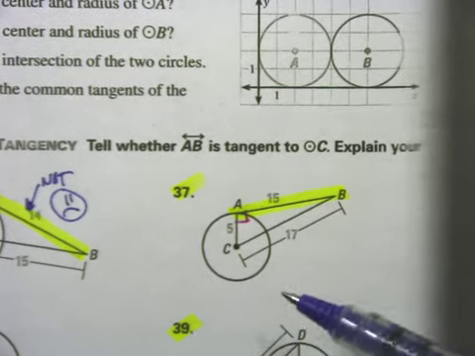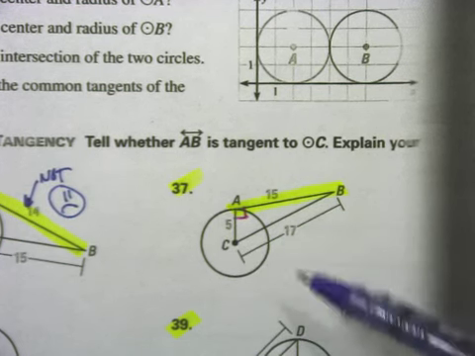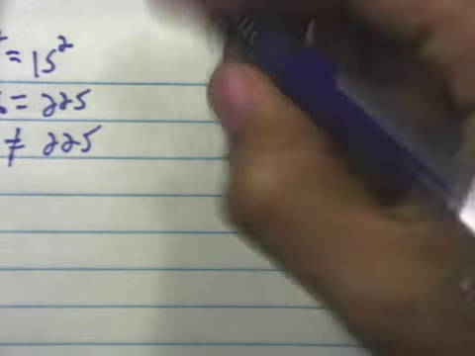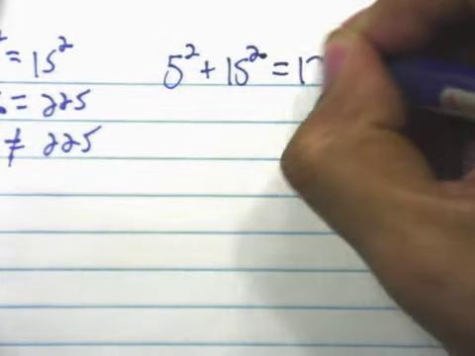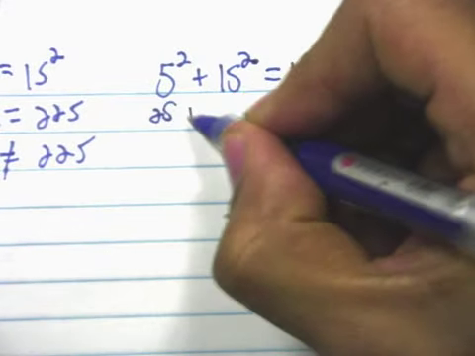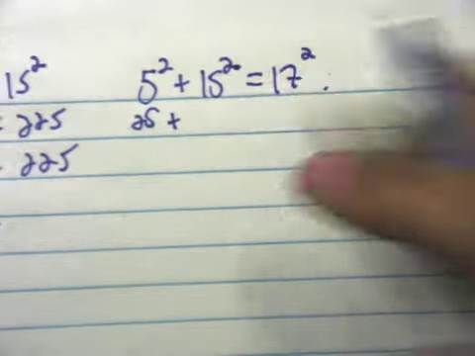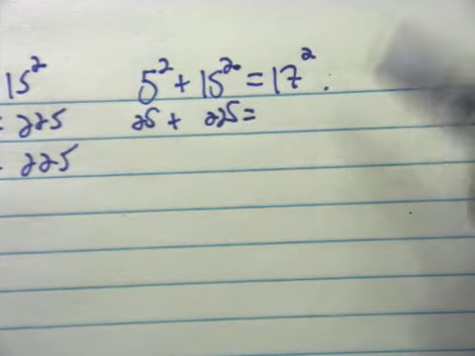Let's take a look at question number 37. They want to know if line AB is tangent to circle C. Well, if it is, then the Pythagorean theorem should work out. 5 squared plus 15 squared should be equal to 17 squared.